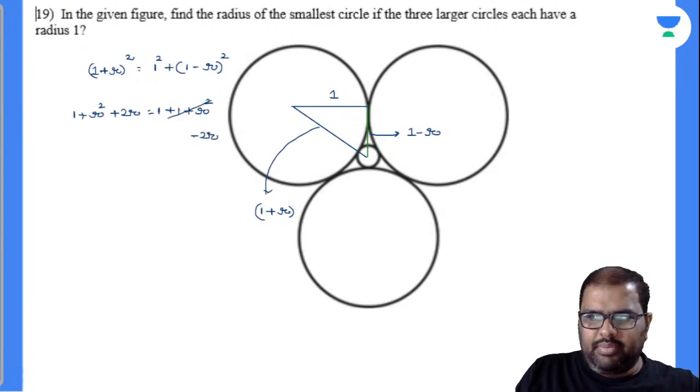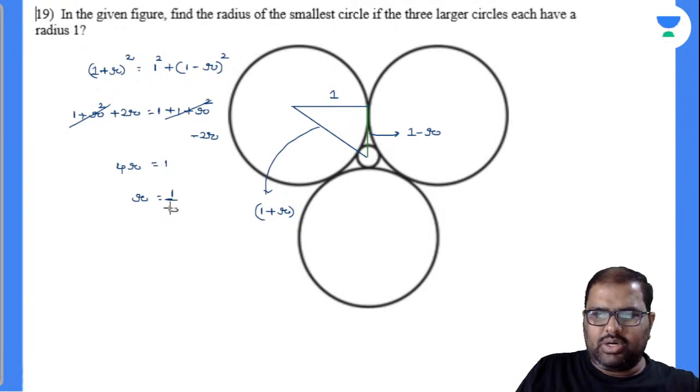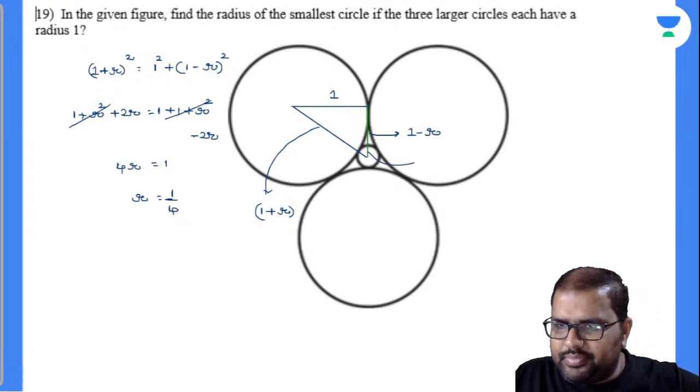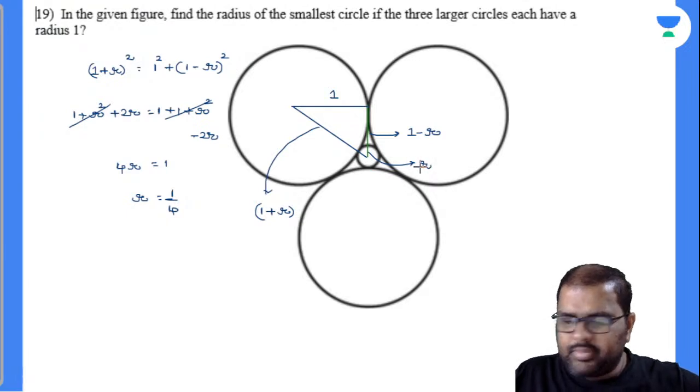So finally 1 plus r square gets cancelled. This 2r will go to the side. 4r is equal to 1 and my r value is 1 by 4. And this is the radius of the small circle. Perfectly done.